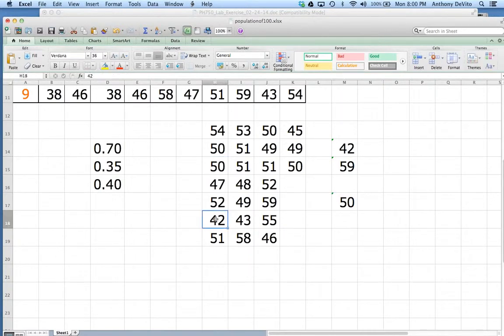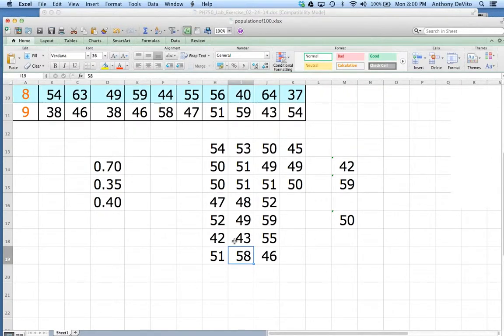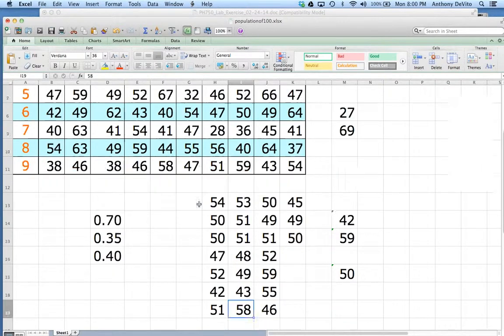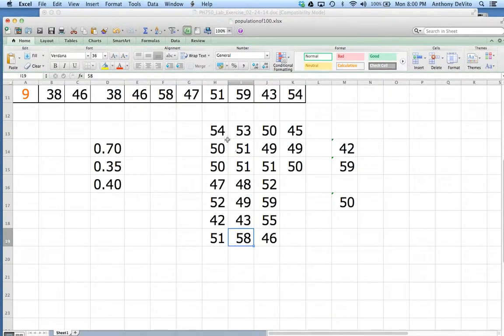Okay, a lot of these were pretty far. 42s. As we sampled 9 people, we got 42. Individually, each of these could be a bit different than the mean, but certainly not a terrible approximation of the mean.